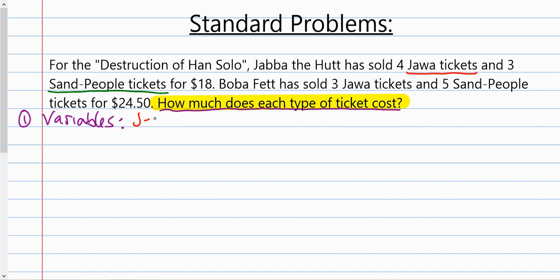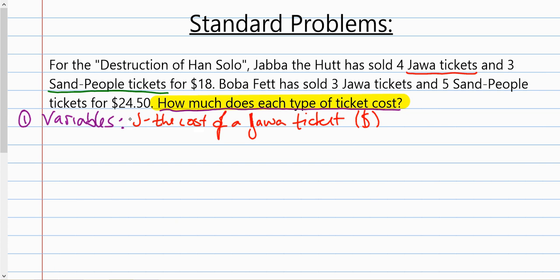So J is going to be that full phrase, the cost of a Jawa, I don't know if it should be capitalized or not, so we'll make that capital, ticket. And then I have to show how we're measuring that cost. We're measuring that cost in dollars. Why? Because I don't know Star Wars currency.